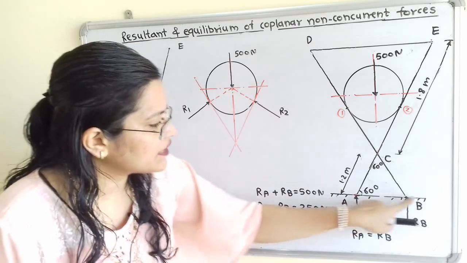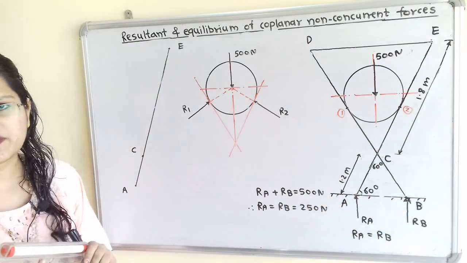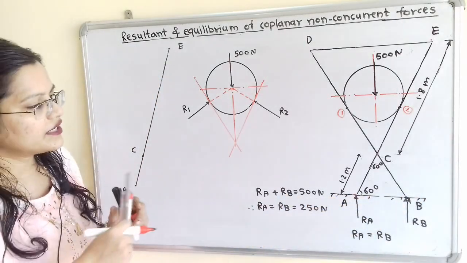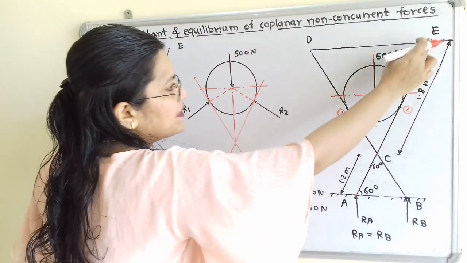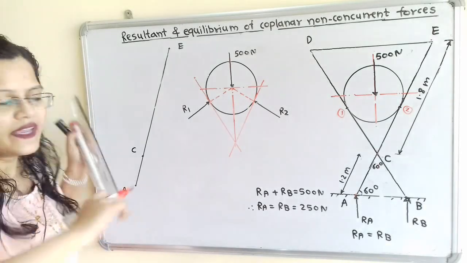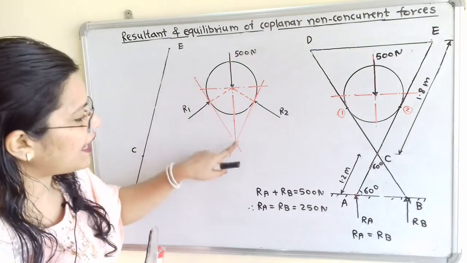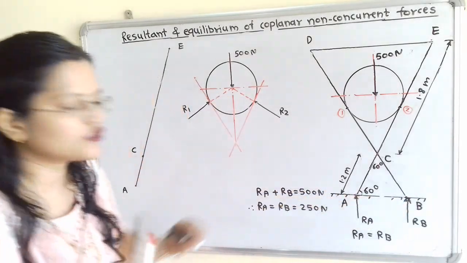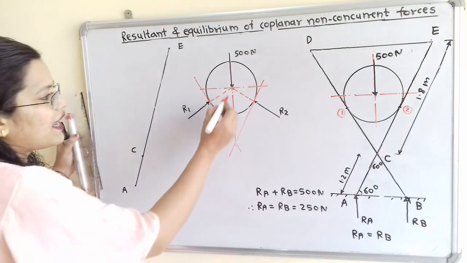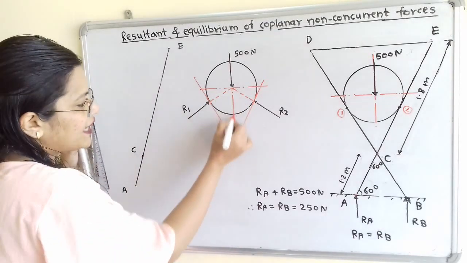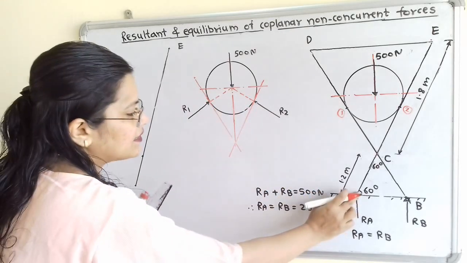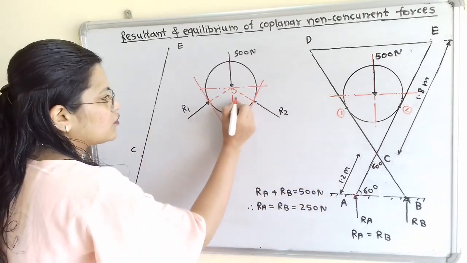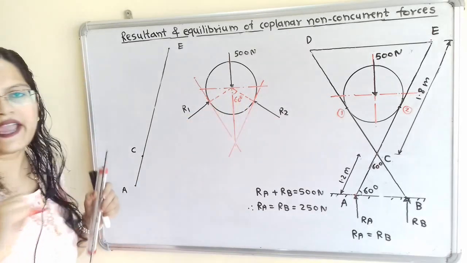Now R2 is perpendicular to AE and the vertical line is perpendicular to the horizontal surface, so the angle between these two perpendicular lines is also the same, equal to 60 degrees. So I will show here the 60 degree angle.